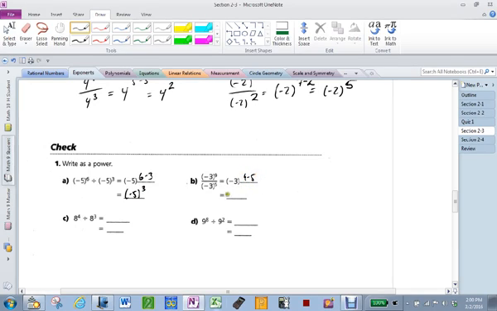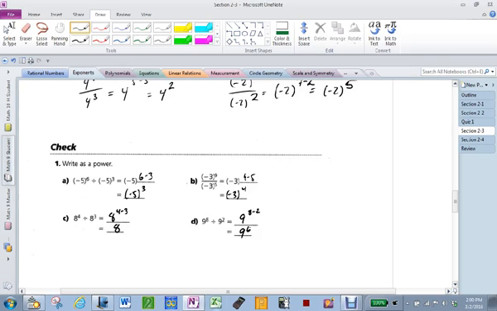You should be looking at your sheet. Check with mine, make sure you're doing it right. Is everybody good?